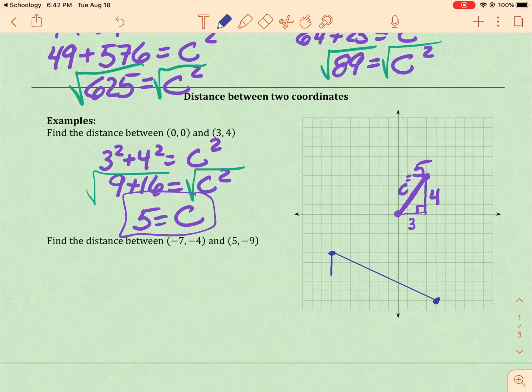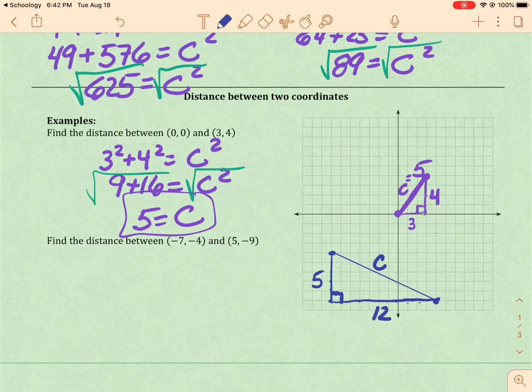We still have a vertical and a horizontal distance that we know in order to form a right triangle. How many spaces are here? 1, 2, 3, 4, 5. And then how many from here to here? 2, 3, 4, 5, 6, 7, 8, 9, 10, 11, 12.